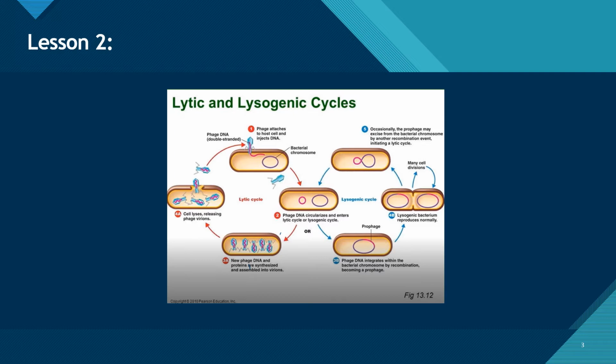For the lysogenic cycle, it's a little bit similar to mitosis or meiosis, where it splits and keeps reproducing by cell division. We also talked a little bit about vaccines and how when you get a vaccine, you're injected with a little bit of a deactivated virus, so your body is able to produce antibodies to fight the virus off.